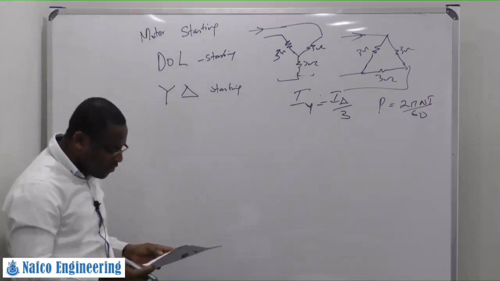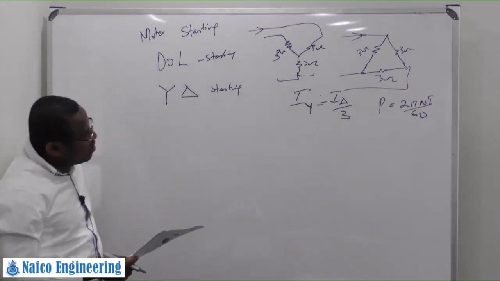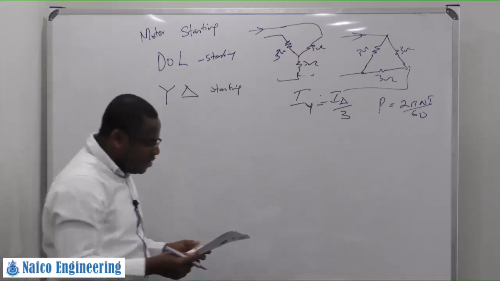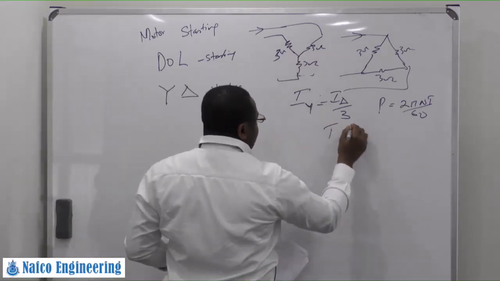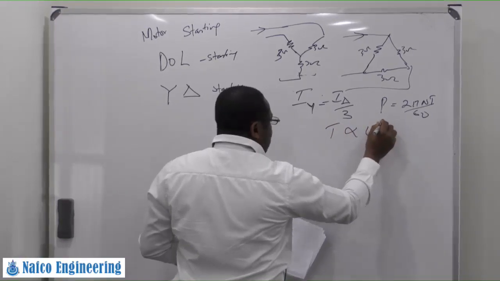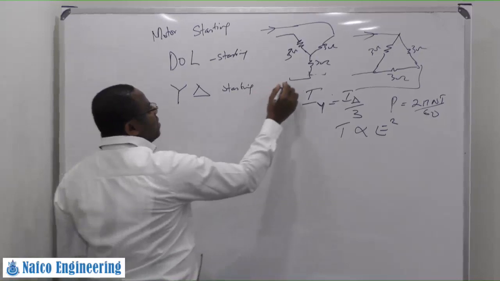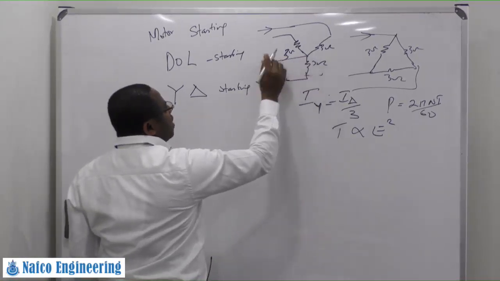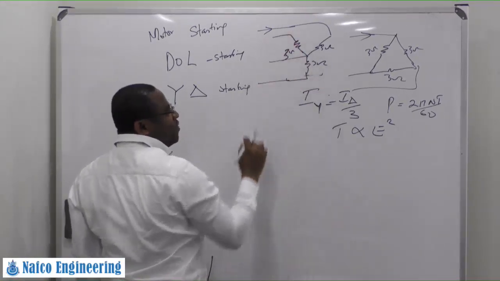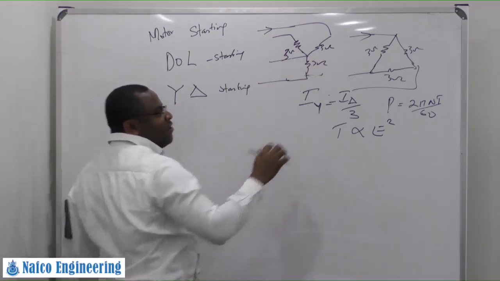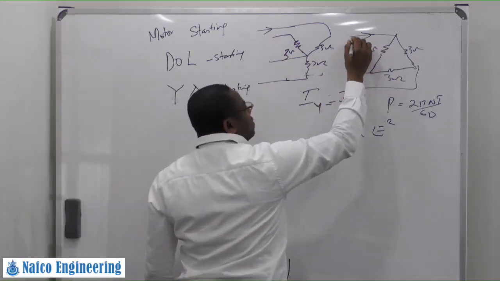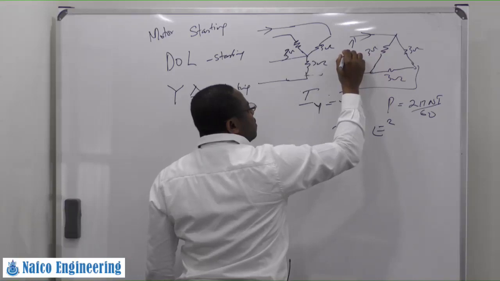And we know that torque is proportional to voltage. Torque also is proportional to voltage squared, the amount of voltage. If we check just a phase like that, the phase value here is already a line voltage, V line.